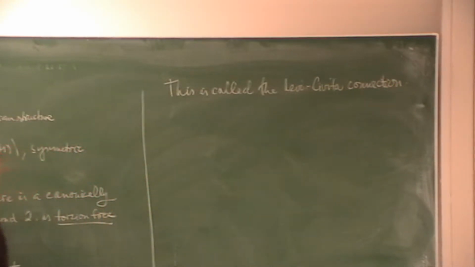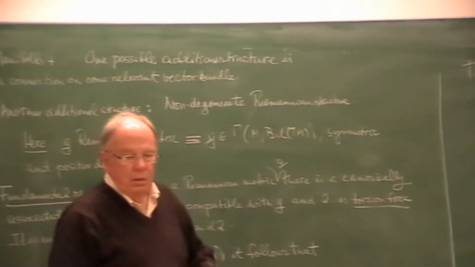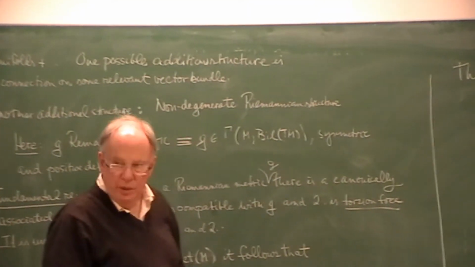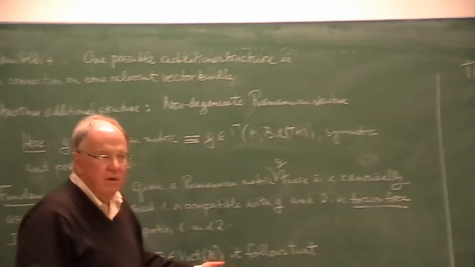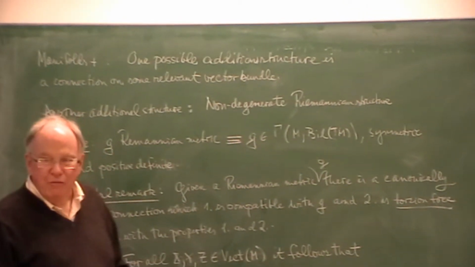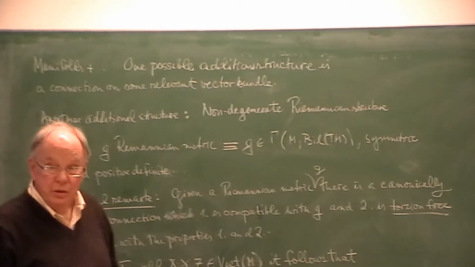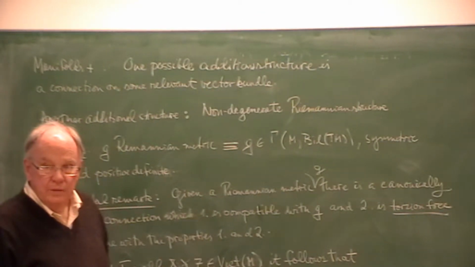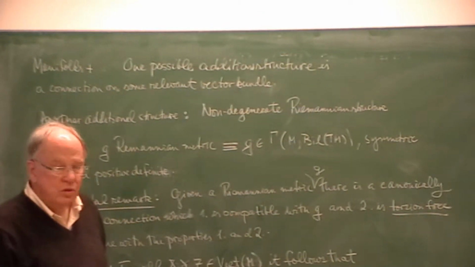And for those of you who are interested in, for example, a relativistic situation where you have non-degeneracy but not positive definiteness, you will see the proof has nothing to do with positive definiteness. It has to do with non-degeneracy. So this is also okay for pseudo-Riemannian metrics.